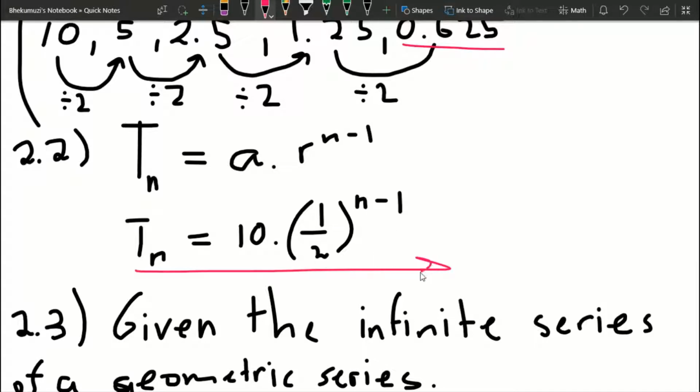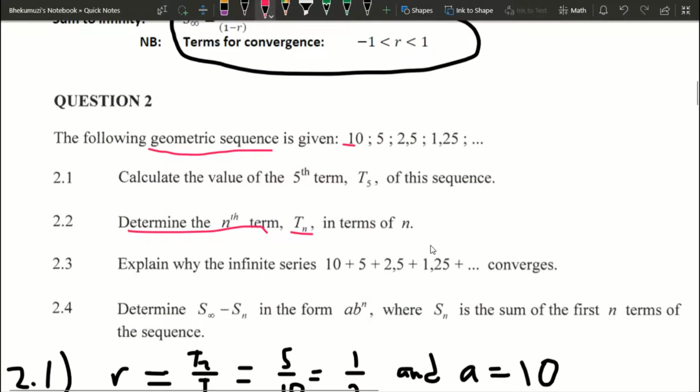Okay. Now, here comes a more thinking question, or a more interesting question. The question says, 2.3, explain why the infinite series, so this goes all the way to infinity, 10 plus 5 plus 2.5 plus 1.25 and so on, converges, right? They're asking us why it converges.